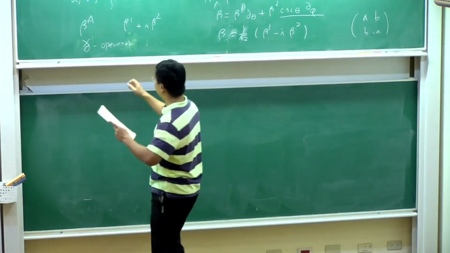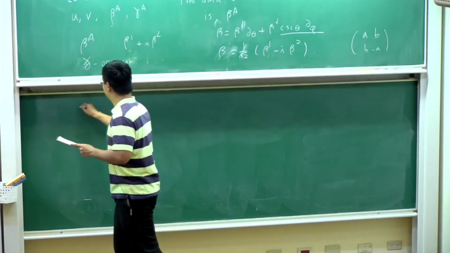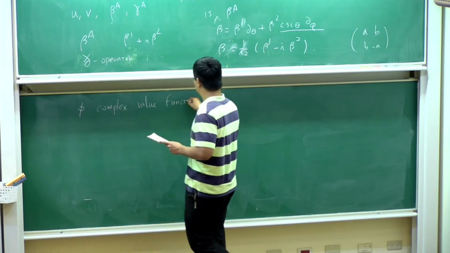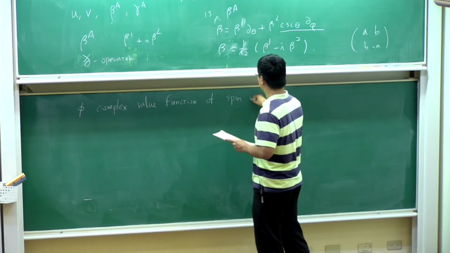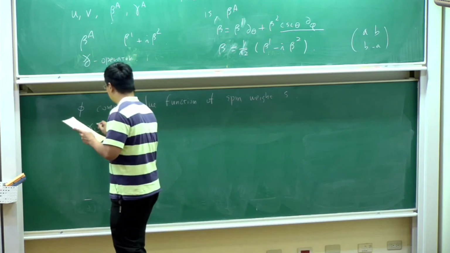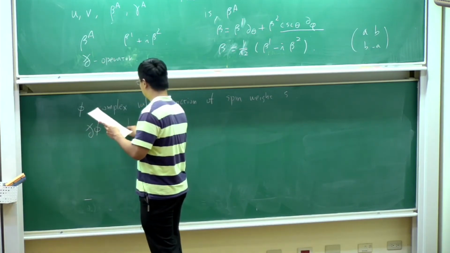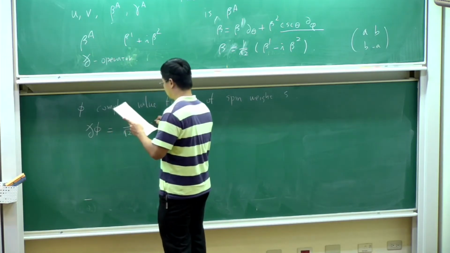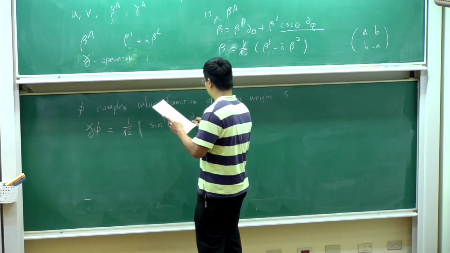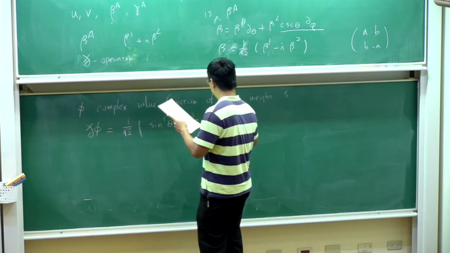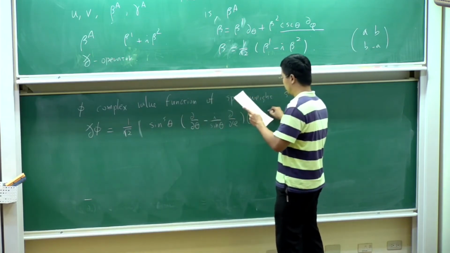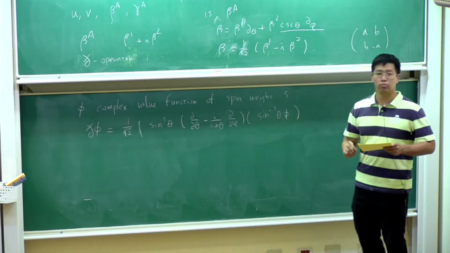Okay, so depending on the spin weight, when I differentiate a complex value function of spin weight S, it will be the following.